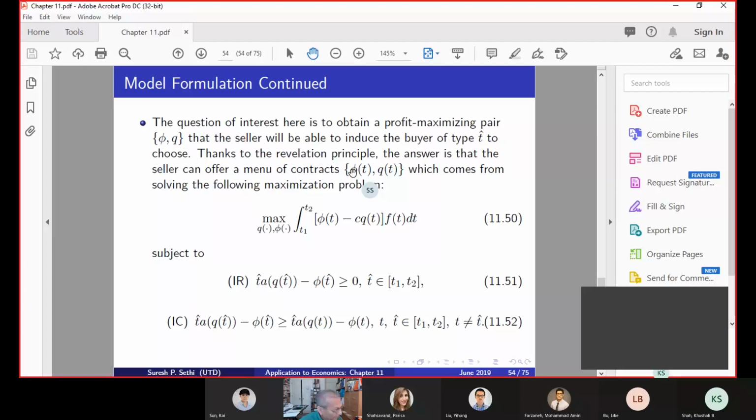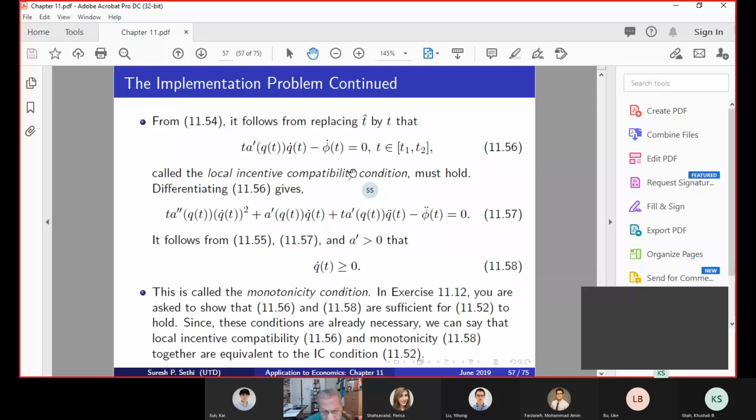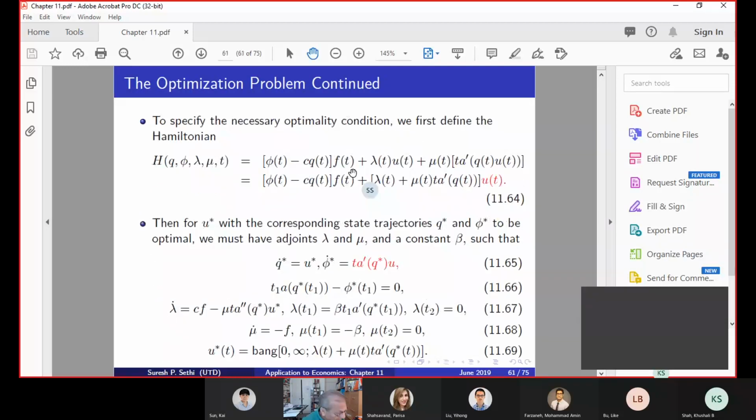Okay, so we are more or less done, and I want to tell you that we will now cover a new topic, which is stochastic control. Chapter 12 is stochastic control, and when it comes to stochastic control, we don't do the stochastic maximum principle.